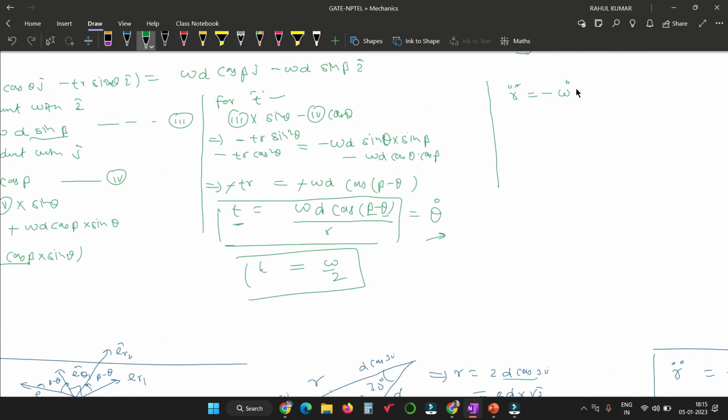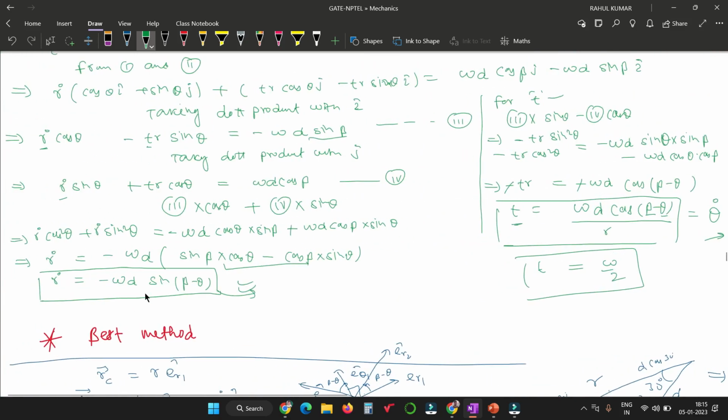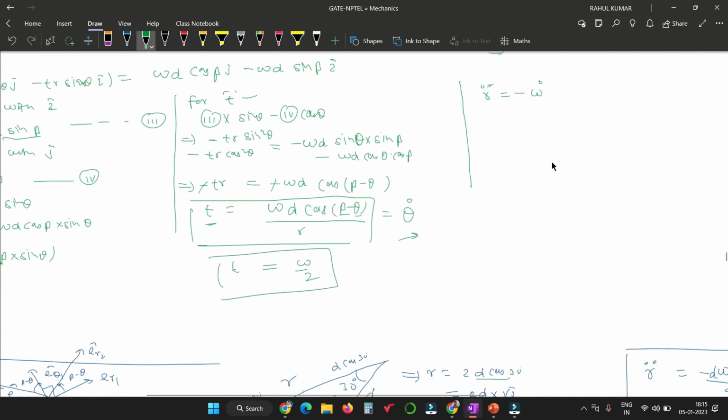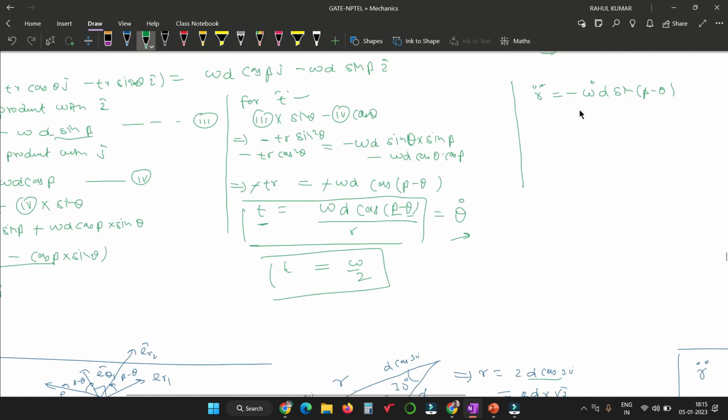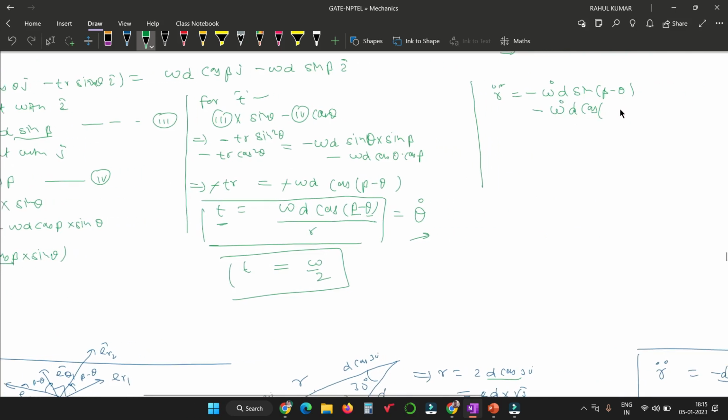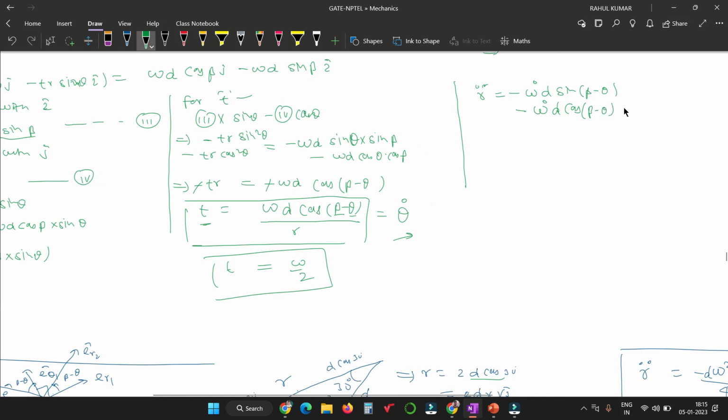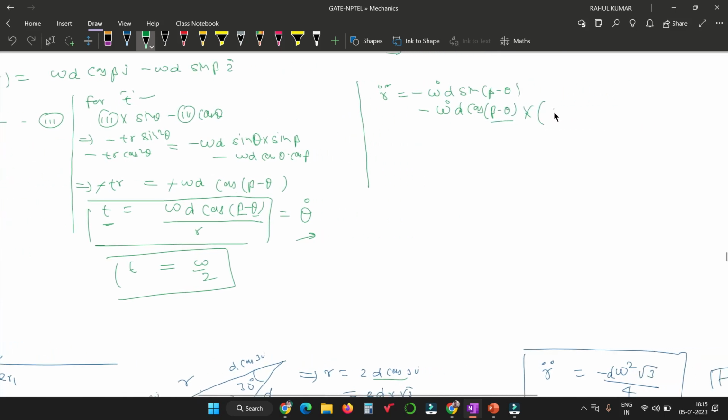First you will apply the chain rule. So first omega will be differentiated, and d is constant, then sine will be differentiated. So minus omega dot d sin of beta minus theta. Now minus omega d cos of beta minus theta, and from the chain rule this will also be differentiated, so that will become beta dot minus theta dot.